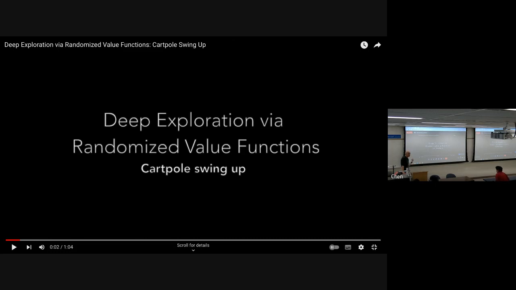And last time I showed at the end this video that we should be reviewing first, of what happens in this problem where you have this cart pole swing up problem. Basically, you have a cart, you're pushing it left and right, a rod is attached to it in a flexible way.